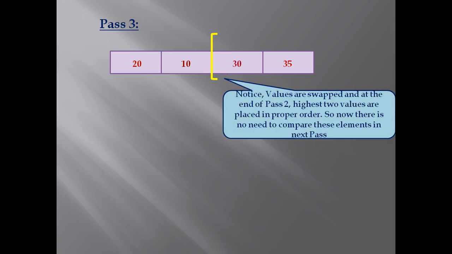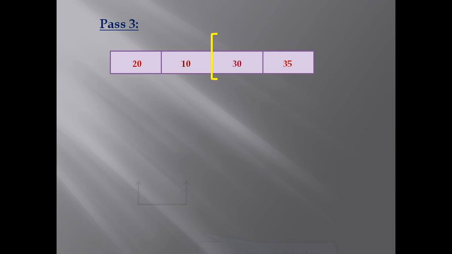So in this pass, we are not going to check 30 also, just to reduce comparisons. Understood? So we are with two elements only. Now we have only two elements to compare. Again the process starts with the first element.